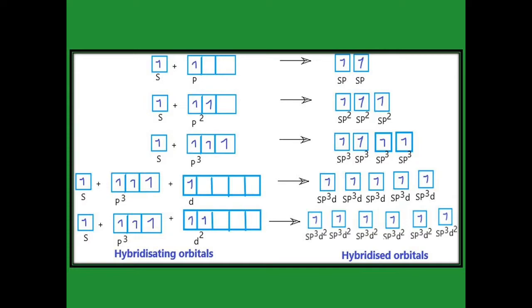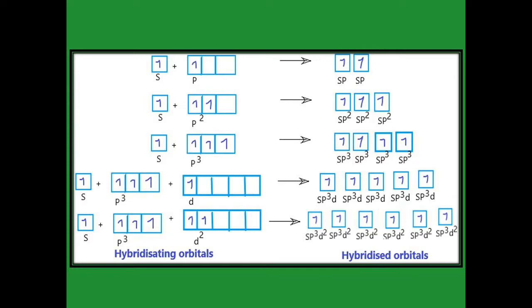The next one, s orbital with one electron, and p orbitals with two electrons present in different orbitals. These two p orbitals and one s orbital combine, so three orbitals mix, and we get three hybridized orbitals sp2, sp2, sp2, each containing a single electron.